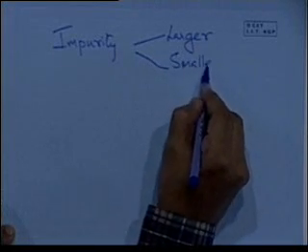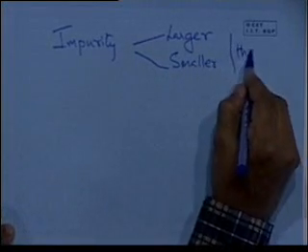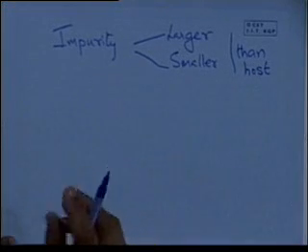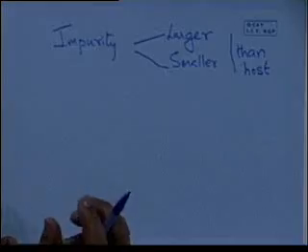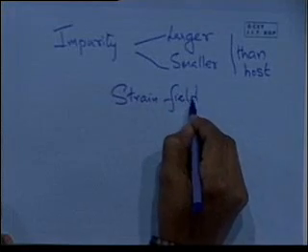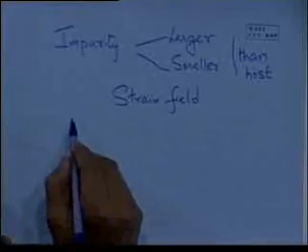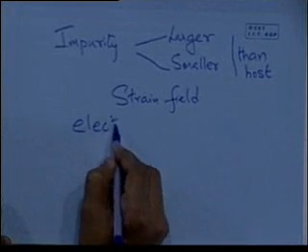We saw that when we were talking of defects. Right? And therefore, it will introduce a strain field. So when we put in an impurity into a host lattice, depending on whether it is larger or smaller, there will be a strain field around the impurity. And it is the interaction between this strain field and the passing electron that causes the additional scattering. Okay? Electron scatters from the strain field.